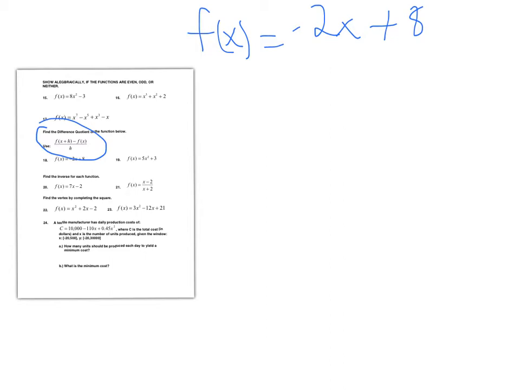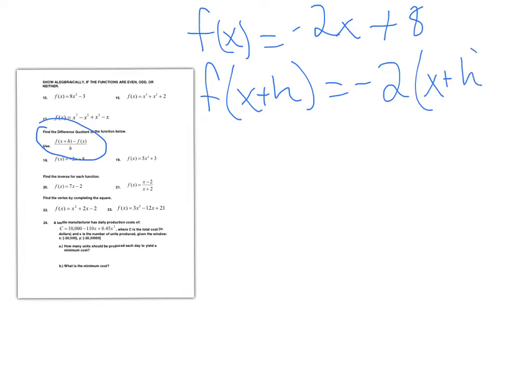That means putting in the quantity x plus h where we see the x. So it's negative 2 times the quantity x plus h, plus 8.